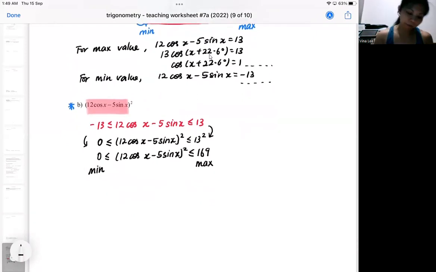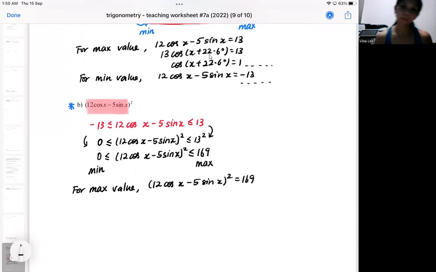If you would like to find the corresponding value, you let the whole function equal to 169. So the maximum is 169. You let the function be 169, and then you do it very logically. You take a square root.